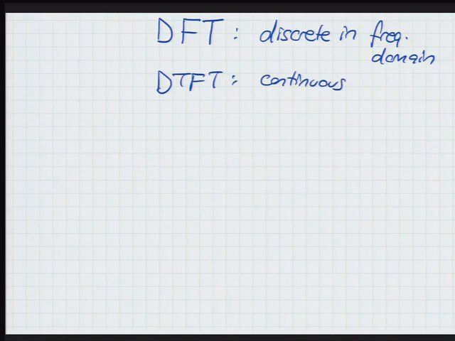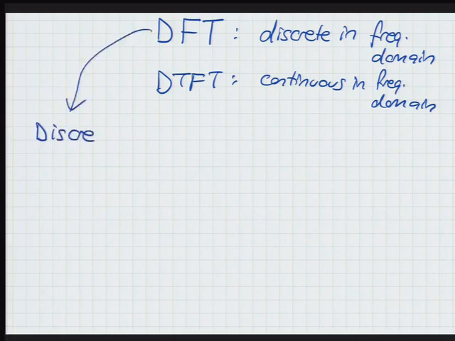Continuous in frequency domain. All right? And we'll come back to the connection, and you'll see, that's so nice. The connection will be very clear. But before that, DFT means discrete Fourier transform.